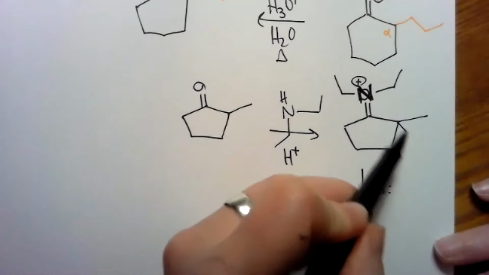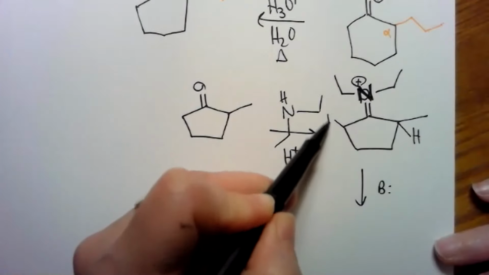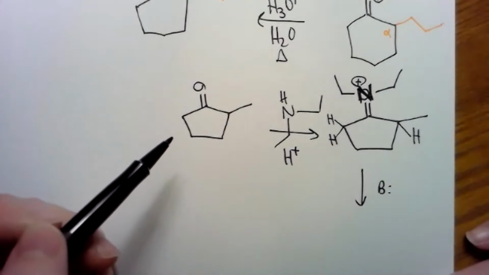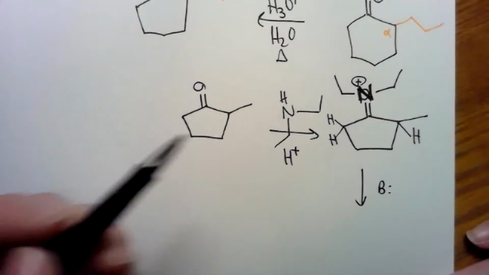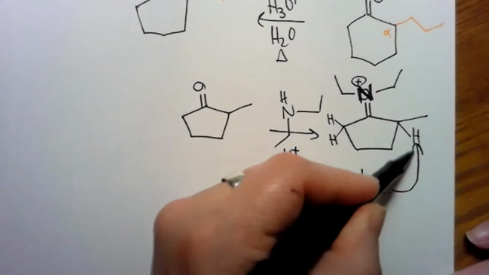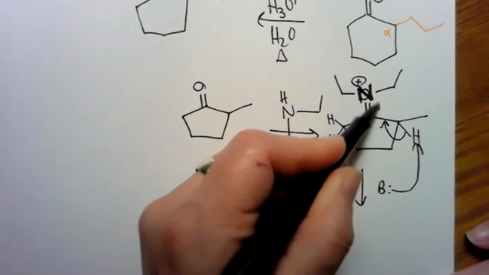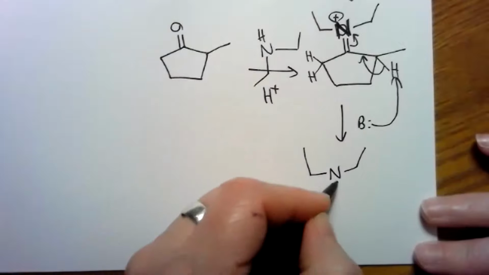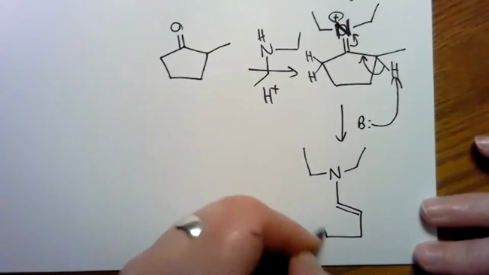Is that base going to take a hydrogen from the armpit or from over here? Enamines favor Zaitsev elimination. So that base takes a hydrogen from here, making this enamine.